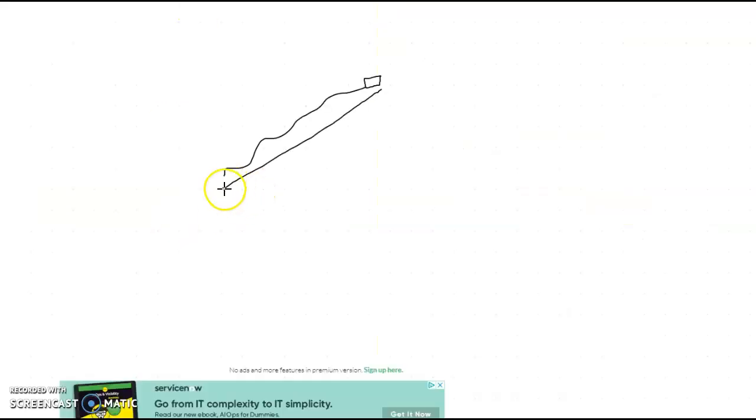So I am going to set up my triangle. It is a right triangle. And I know that the string is 18 feet long, so this side is 18. And I know that it makes a 30-degree angle with the ground, which is here.